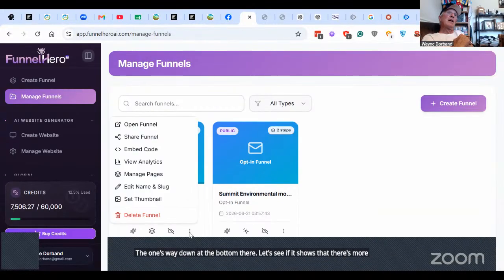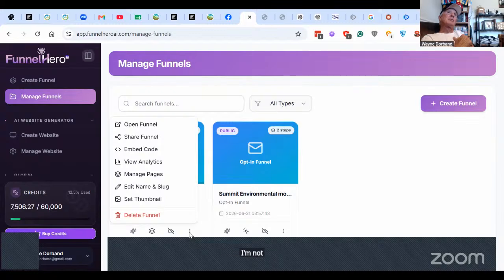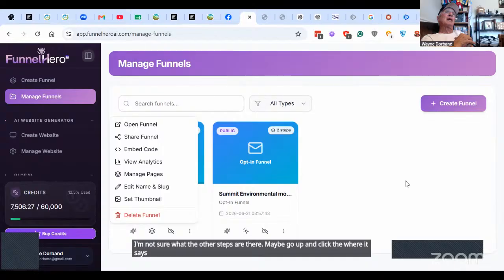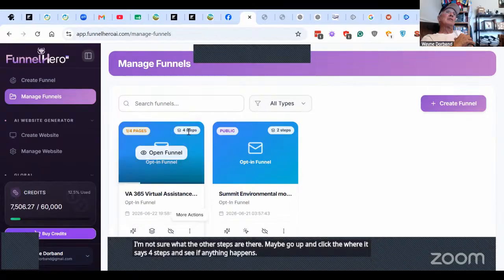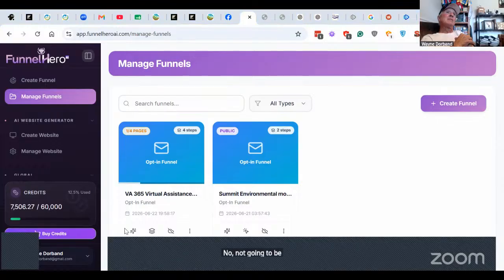Click on that. Open, embed code. I'm not sure what the other steps are there. Maybe go up and click where it says 4 steps and see if anything happens. No, not going to be anything there. I'm not sure what the other steps are here. The only thing that's clickable is the open funnel.